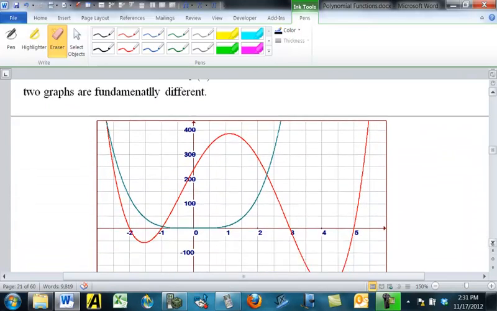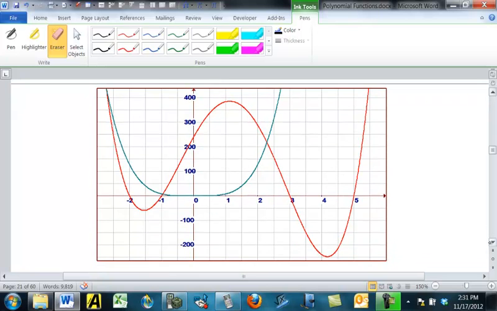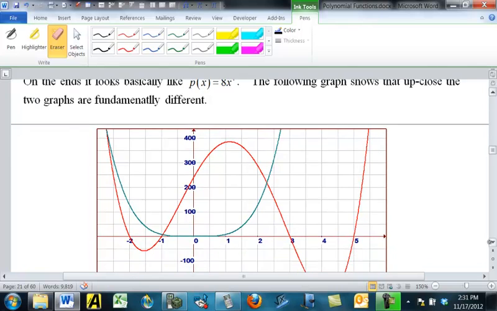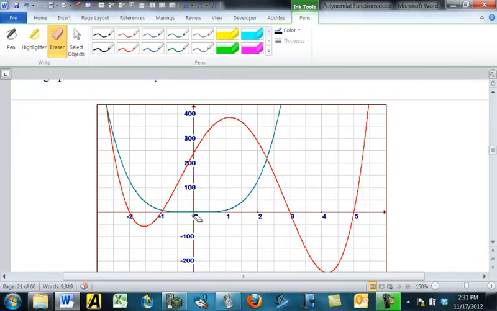So here's the actual picture. Now, close up again, those are fundamentally different. You can see the roots there, -2, -1, 3, and 5. And like I said, down, up, you see 3 extrema, you see 4 roots, and you see 2 inflection points. One's right in here, one's right in this area. Whereas this y equals x to the fourth, or I guess it's 8x to the fourth, just has one minimum here, no inflection points, no other max or min.